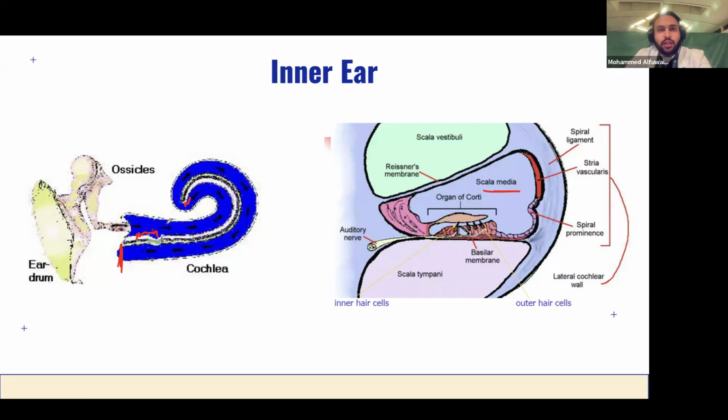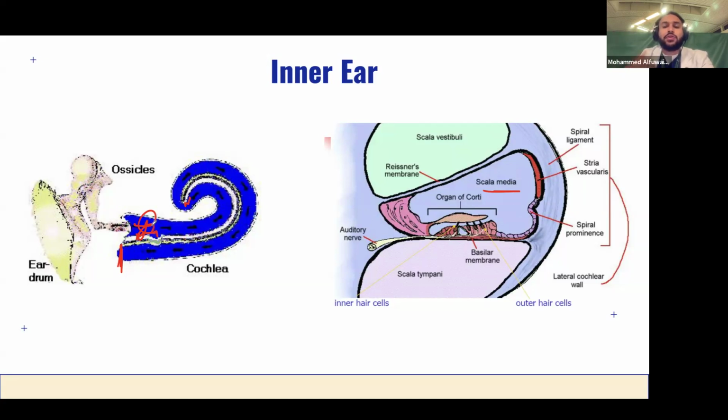Why is this important? Two things. Barotrauma, which means, for example, someone goes to a concert, or they're right next to an air jet and they have hearing loss right after it, is because of damage to the hair cells here in the base, high frequency.